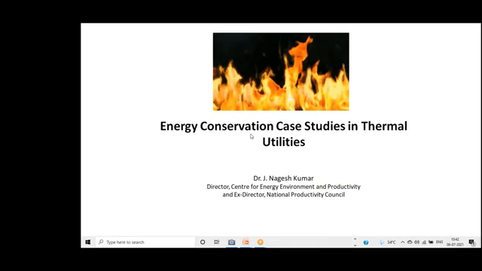We are converting the chemical energy in the fuel, which is there in the form of various elements, carbon, hydrogen, and even a little bit of sulfur. We oxidize all this, they burn, and when they burn, they give up heat. In this process there is going to be a loss, because no process is 100% efficient as per the laws of thermodynamics. So there is a loss in the combustion process.